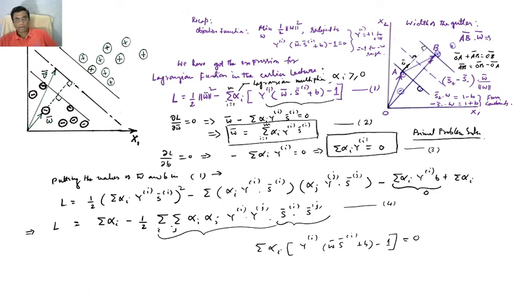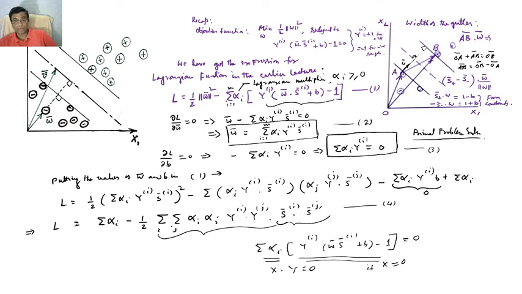Now, when the product of two becomes 0, say x and y equal to 0, either of these has to be 0. If x equals 0, then this cannot be 0.